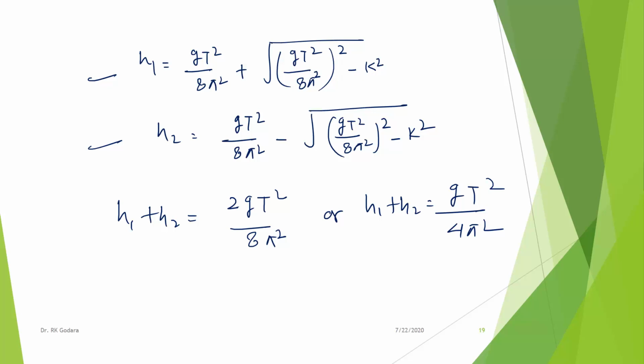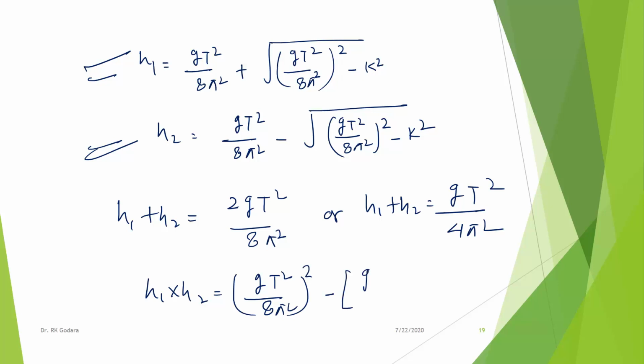And if we multiply h1 by h2, we have (g T square over 8 pi square) whole square minus ((g T square over 8 pi square) whole square minus kg square), and this is equal to kg square. So h1 multiplied by h2 is equal to kg square.